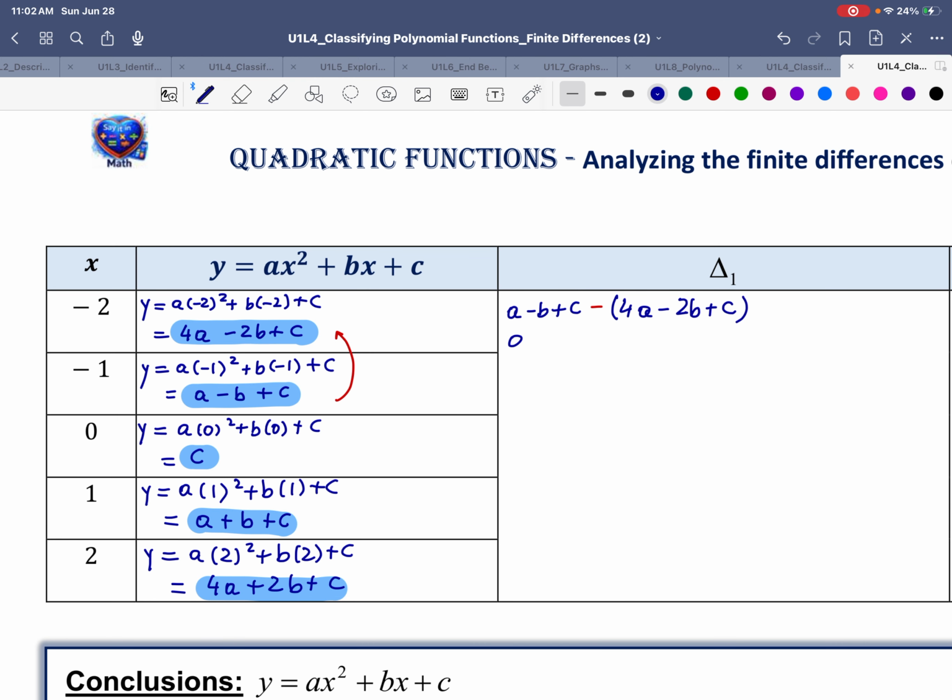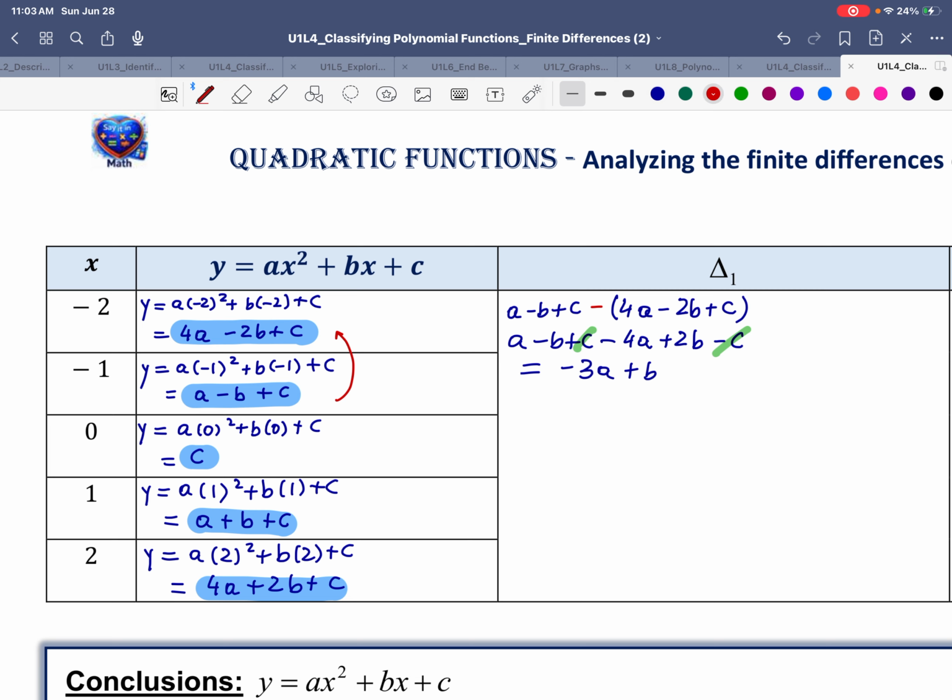So a minus b plus c minus positive 4a, minus negative 2b will make positive 2b, and minus positive c, minus c. Simplify some more. You see that the constant c will add to 0. We have a minus 4a, negative 3a, negative b plus 2b is 1b.